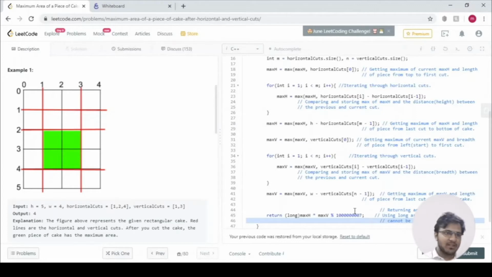Now this modulo thing here, we are returning this area modulo 10 to the power 9 plus 7 so that the number wouldn't be large and the range of this number would be between 0 to 10 to the power 9 plus 6, because the modulo operation has the range.